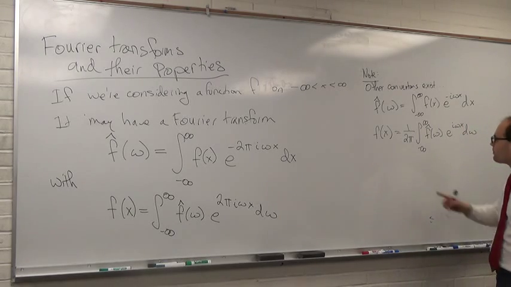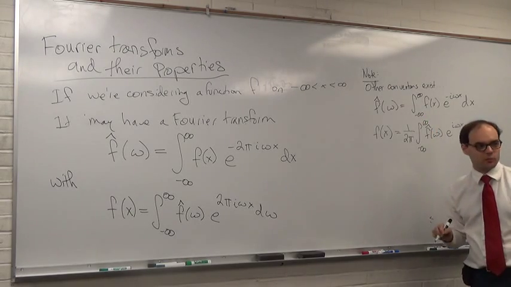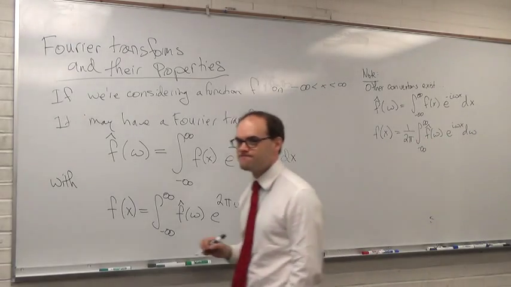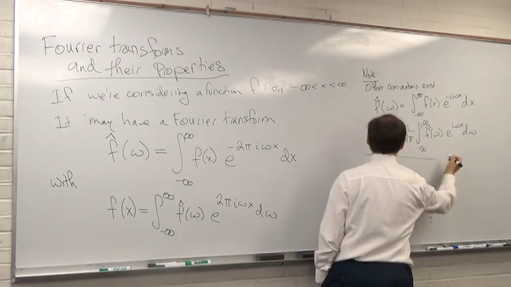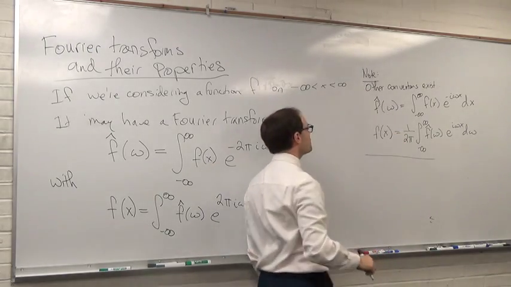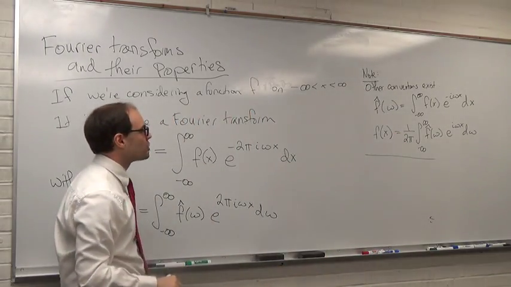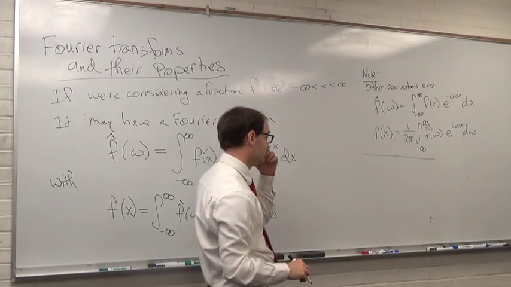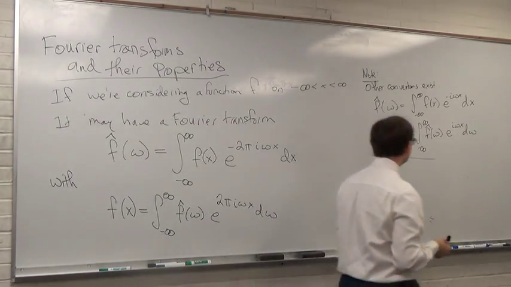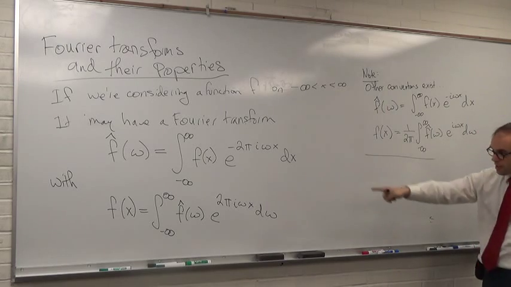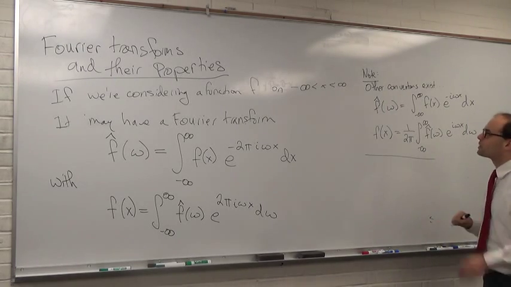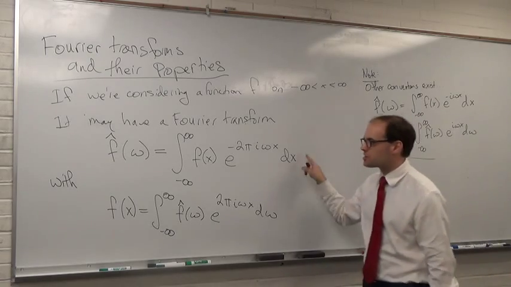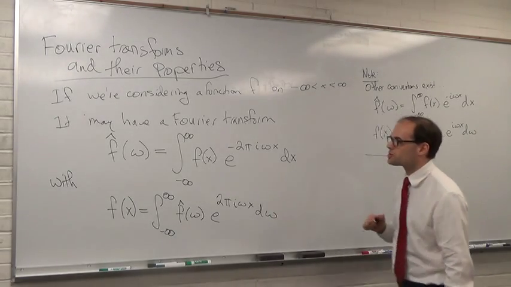And I don't like remembering which one of these needs to have 1 over 2 pi in it. In fact, this is not the only other convention. There's another convention as well where you split the 1 over 2 pi between the two of them. You put square root of 2 pi on each of them. You could do that as well. It makes the formulas the same, kind of like this. But take your pick. This one here is sort of the nicest, so I think we'll go with that.